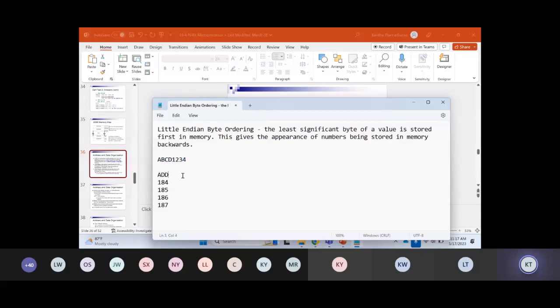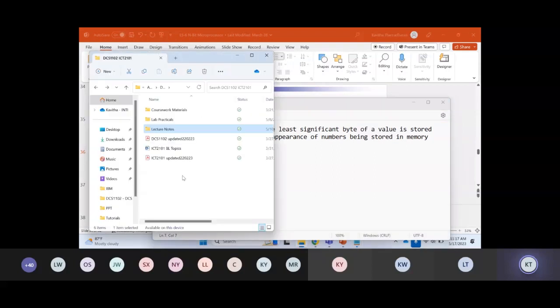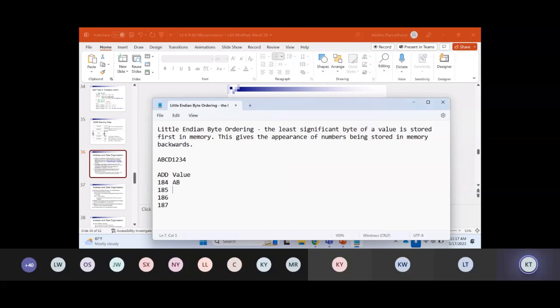Normally we assume that it will be stored like this: AB, CD, and then 12, 34. This is what we call Big Endian byte ordering, which we don't cover.